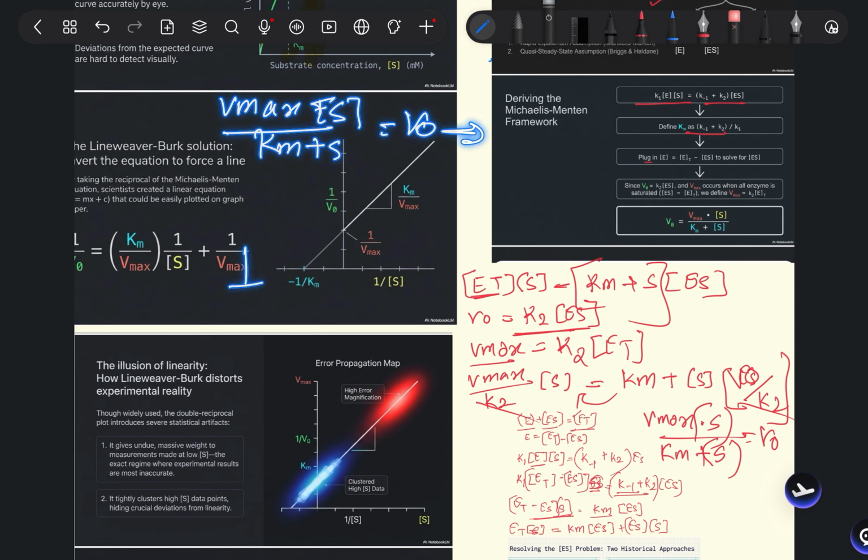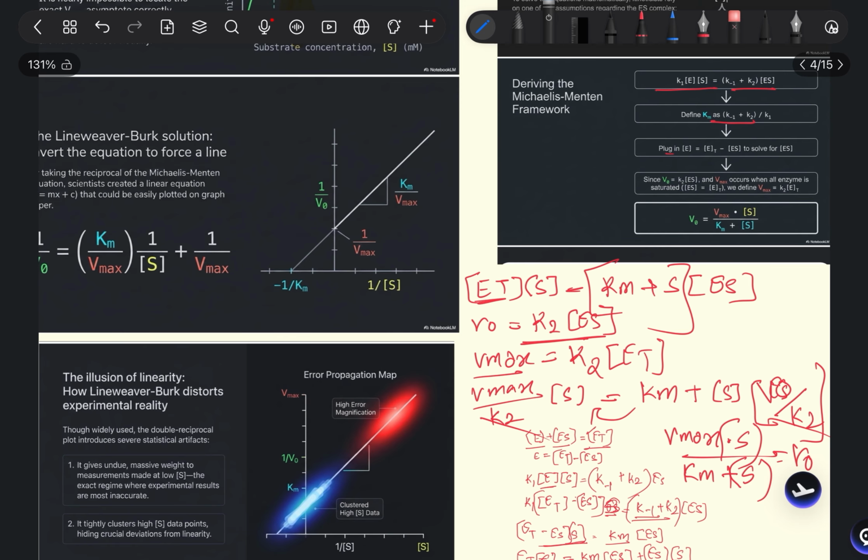Once you take the reciprocal of it, 1 by V naught equals Km by Vmax, right? And as you know, this will be 1 by substrate, and this is also divided by 1 by S, so it will be 1 by Vmax. So you can find that this is the exact reciprocal of the equation.